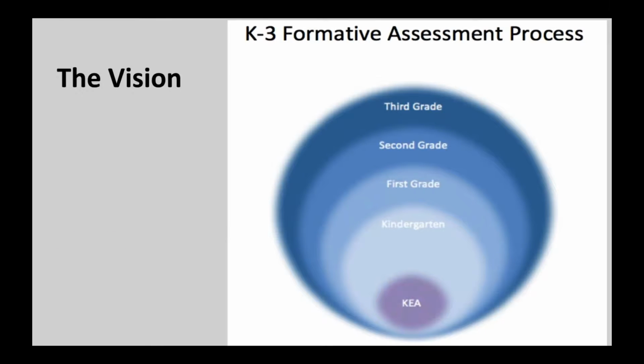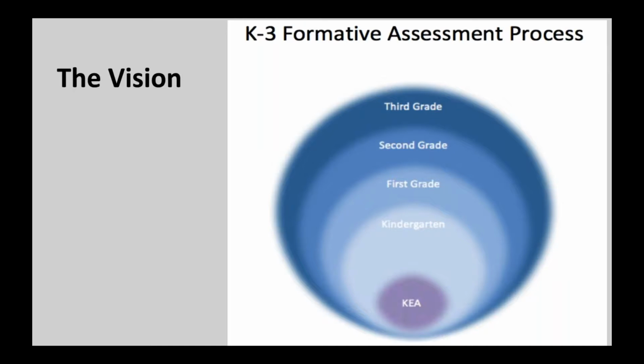We get the question a lot about why we have a status summary period that ends at the 60th day. And so we just wanted to bring you back to the vision of this K-3 formative assessment process. And you can see in this graphic here that really this process is about observing our students across the primary grades. The KEA is just this small portion that we start out kindergarten with.